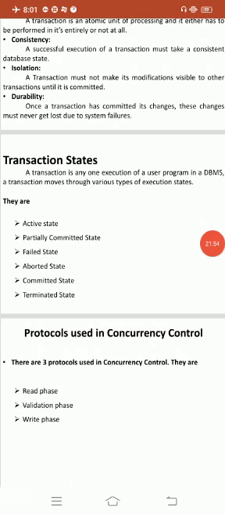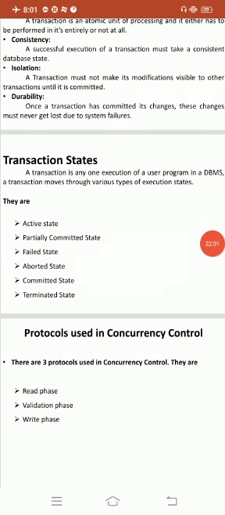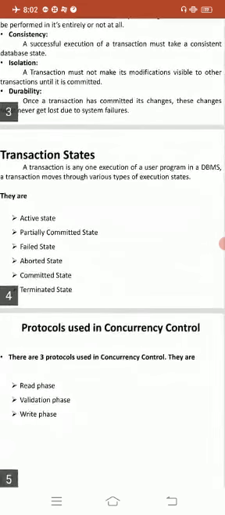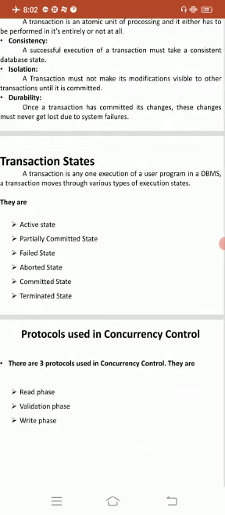The transaction is going to end, the whole transaction is going to close. So that is the terminated state, corresponding to the transaction leaving the system. That is the transaction's states.